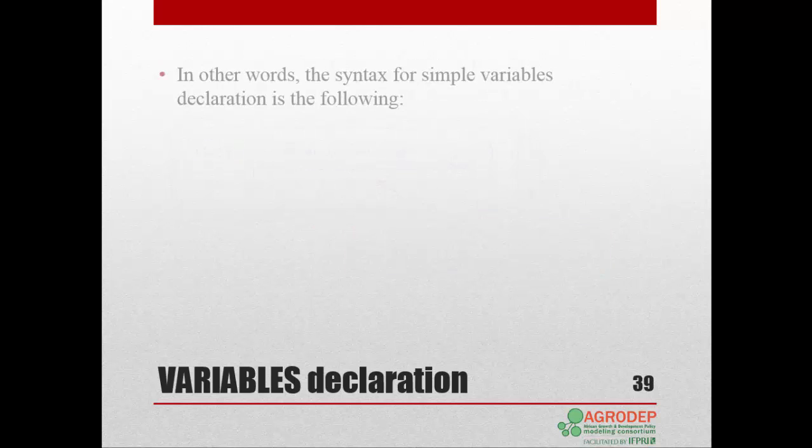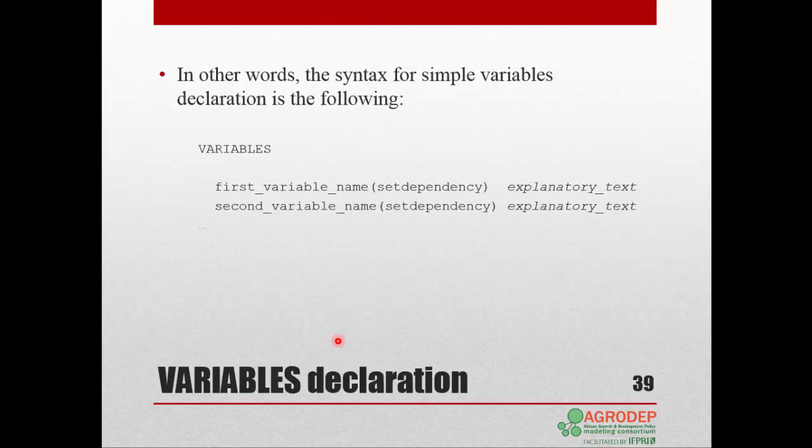In other words, the syntax for simple variables declaration is as follows. The variables statement is followed by the list of variables defined over sets, followed by explanatory text. And the semicolon marks the end of the variable statement. As usual, the items in italics are optional.